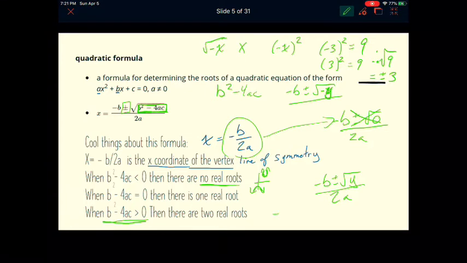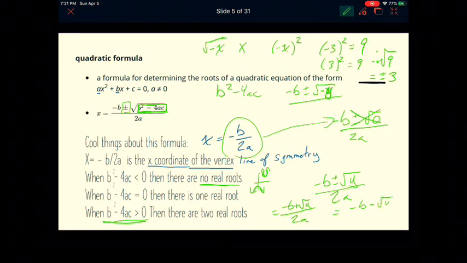We end up with negative b plus the square root of whatever that is, and negative b minus the square root of whatever that is, all over 2a. So there's 2 possible answers. There's a positive square root of whatever it is, and there's a negative square root of whatever it is. We end up with 2 answers.